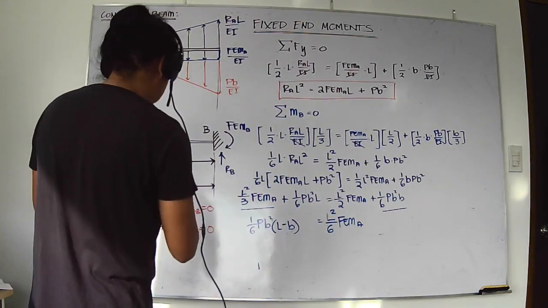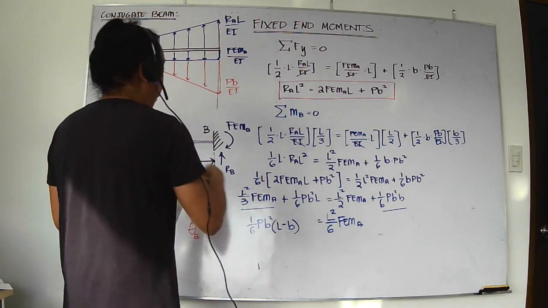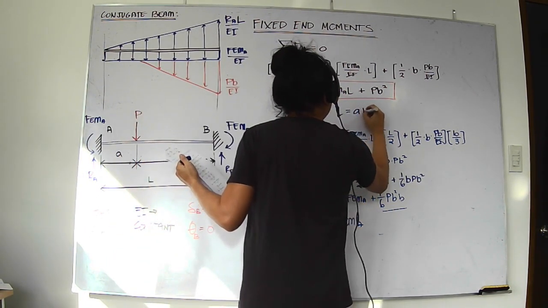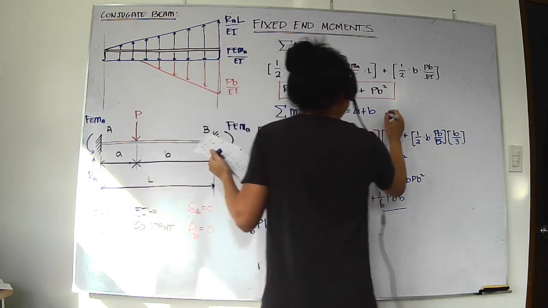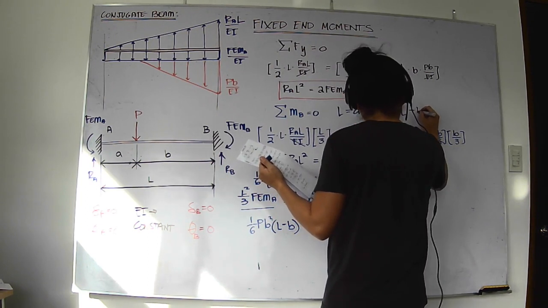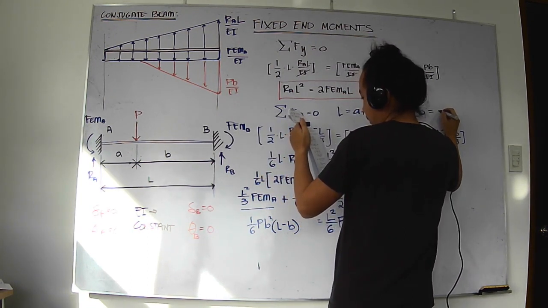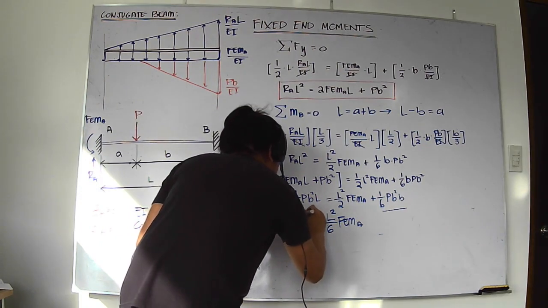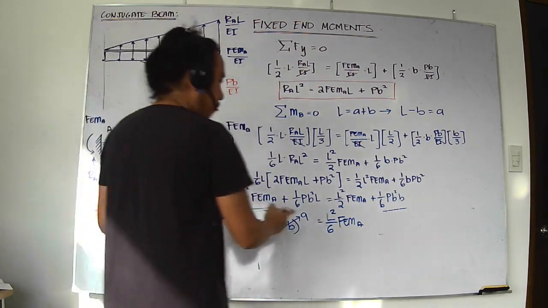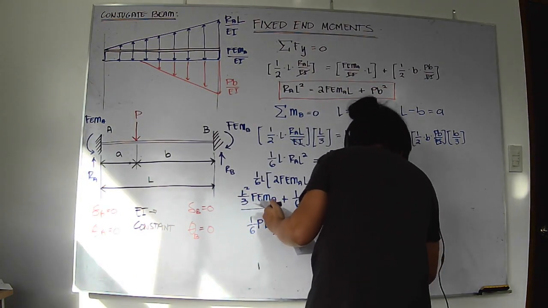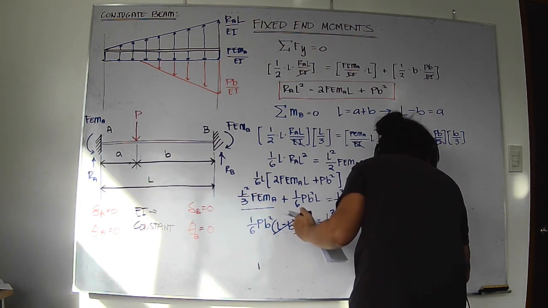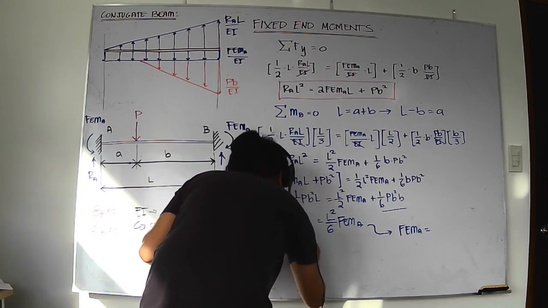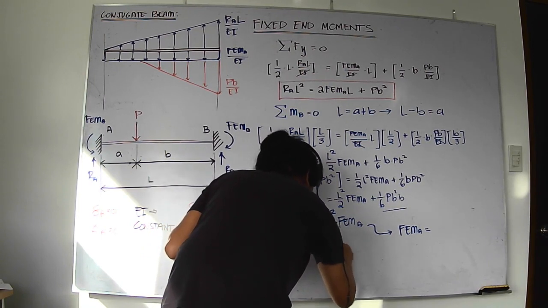So something like this now, and from there we have L over L minus B. L is just A plus B. If I rewrite that, L minus B is equal to A. So L minus B is just A. If I rearrange here, 1/6 PB squared A is equal to L squared over 6 FEMA.